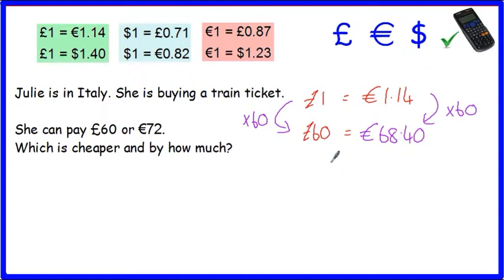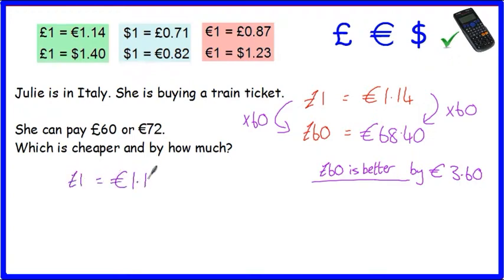And by how much? So £60 is better. What's the difference between €72 and €68.40? €3.60. Now, of course, I had the other option as well. £1 is equal to €1.20, so I could have put an 'or' here, put 72 there.